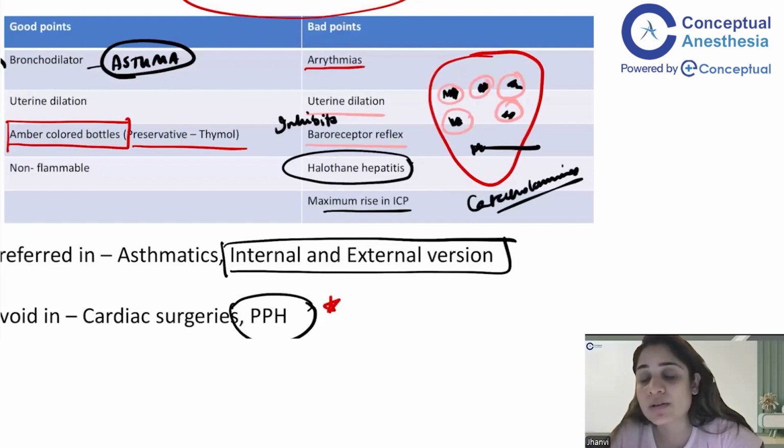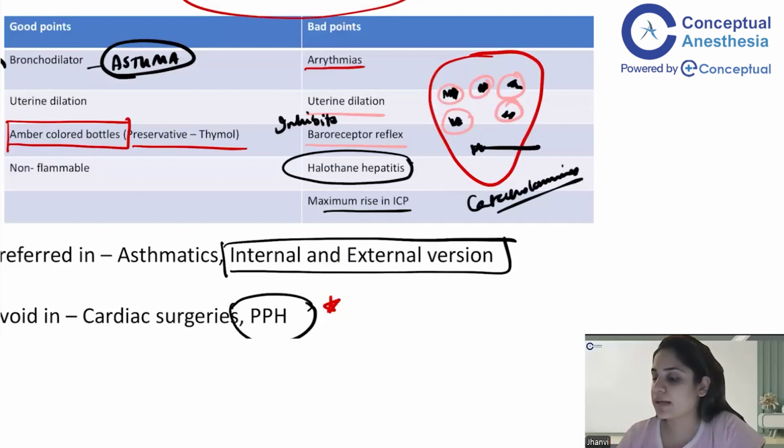On constant exposure, some antibodies are formed, and these antibodies go and attack the liver, leading to halothane hepatitis. At the end of this chapter, I will take halothane hepatitis in detail for you all, because it is actually a short answer that can come in your exam. So I want you to cover all the points.